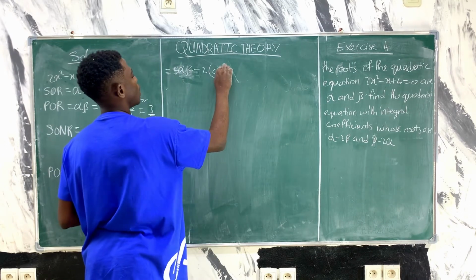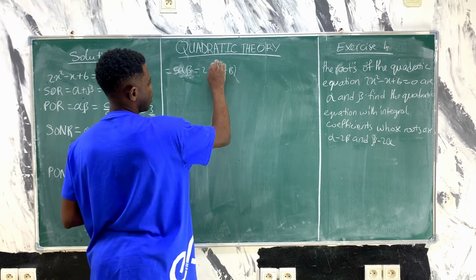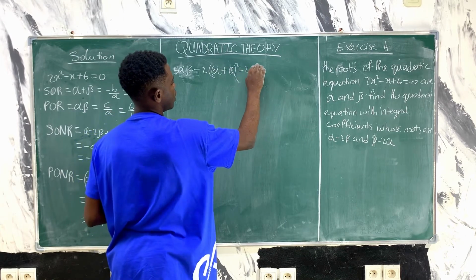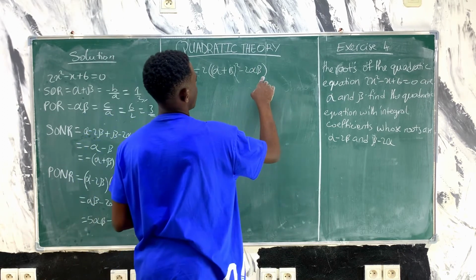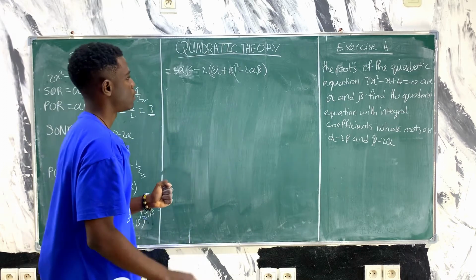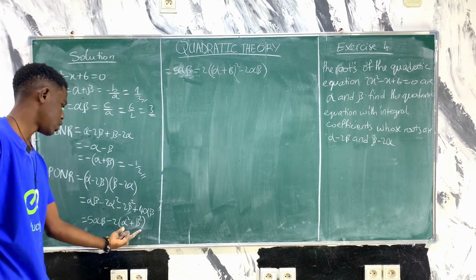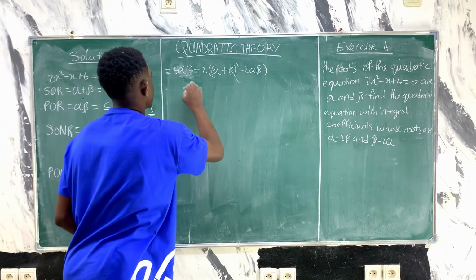Is there any square here? No. Alpha squared plus beta squared is the same as alpha plus beta all squared minus 2 alpha beta. This bracket closes this one, so that is just what is inside here.